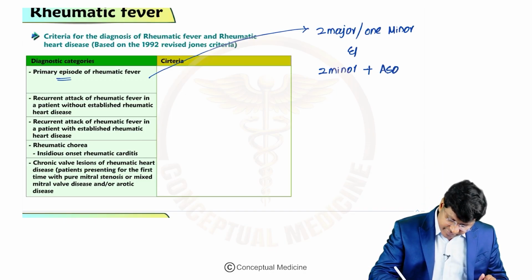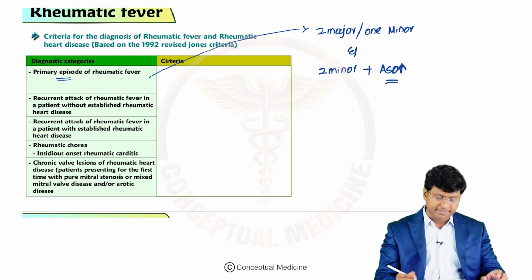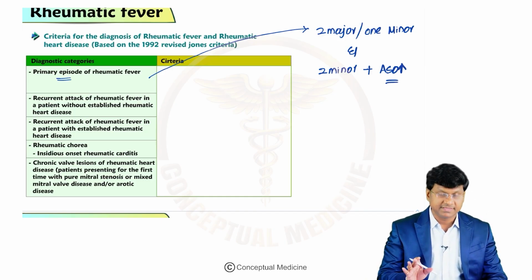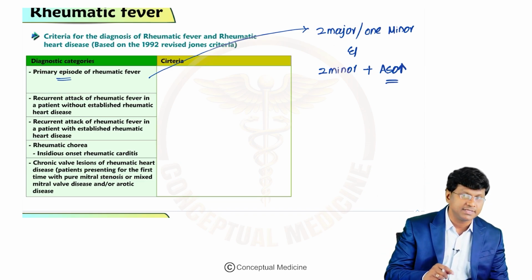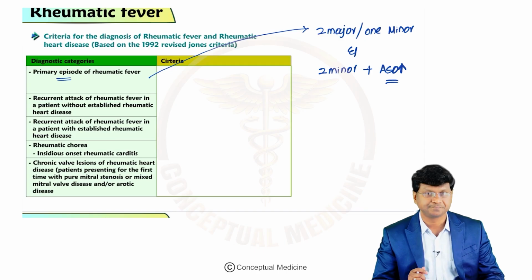What is the evidence of preceding infection? The ASO titer being elevated. So if this is satisfied, we can consider it as rheumatic fever in primary episode.